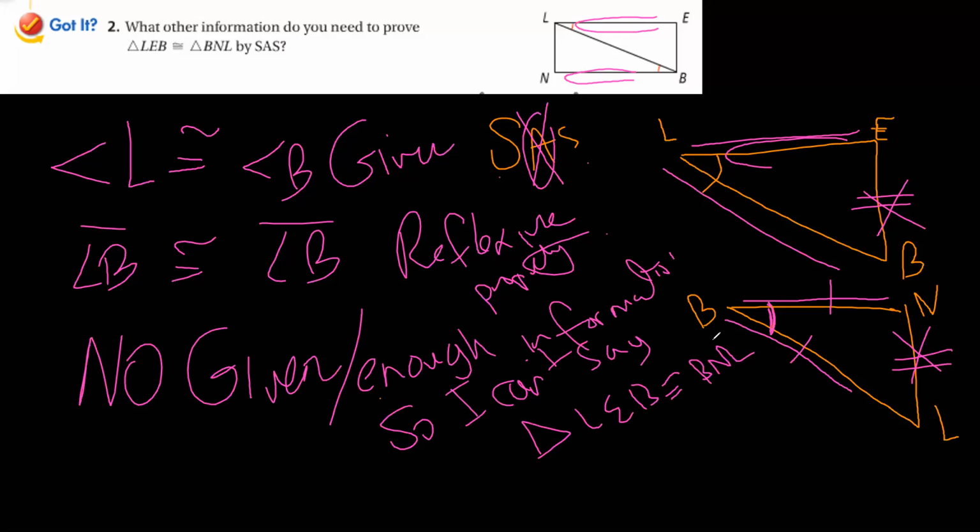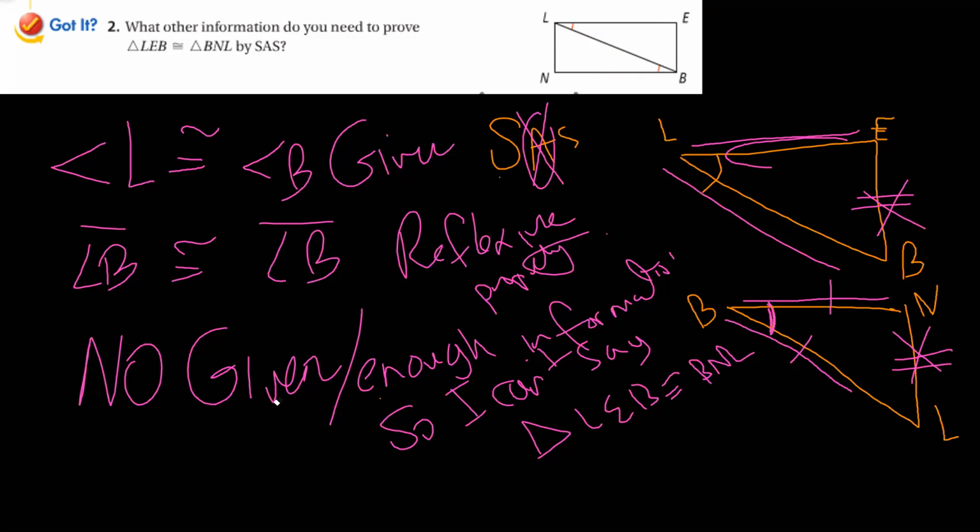Teacher, but there are two sides and an angle. What are the other sides? The LA and the BN. Do you have any information about them? Look at the rectangle here, the two triangles above.